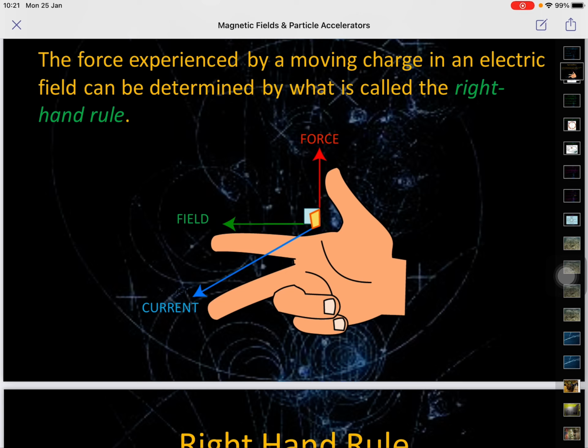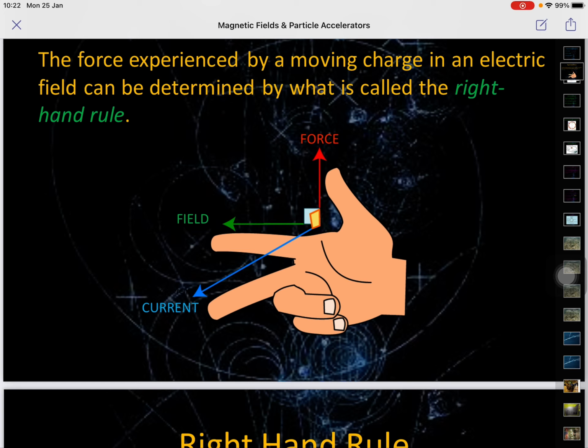Now, there are a couple of ways that you can try and remember this. And again, feel free to have a look at YouTube or on the internet and try and get some more information about the right-hand rule. But how I remember it is that your thumb, if you think about the letters of thumb, like thrust, and thrust is a force. So that can help you remember that your thumb is the force.